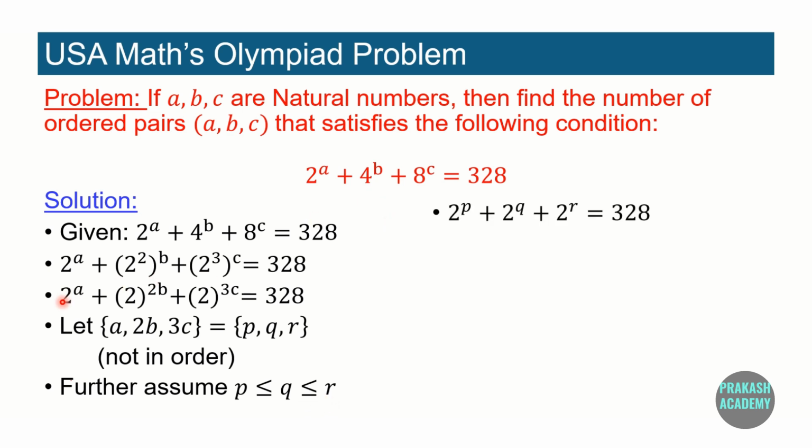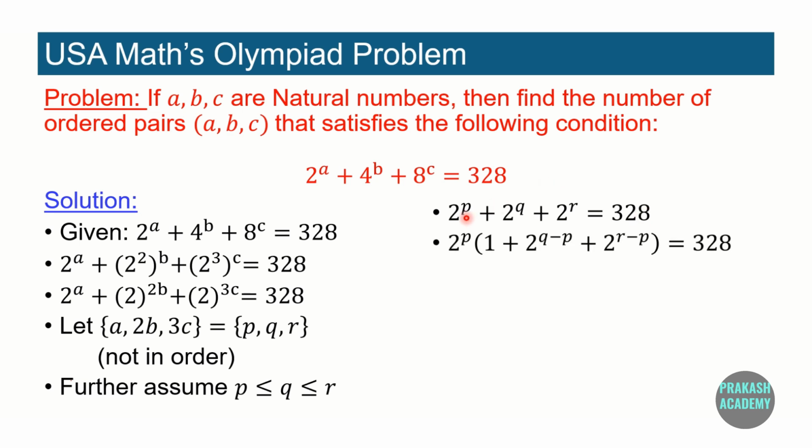Now let us see this identity, 2 raised to the power A, 2 raised to the power 2b and 2 raised to the power 3c. Any one of them can be 2 raised to the power P, any one of them can be 2 raised to the power Q and any one of them will be 2 raised to the power R. So this can be written as 2 raised to the power P plus 2 raised to the power Q plus 2 raised to the power R, and this is equal to 328.